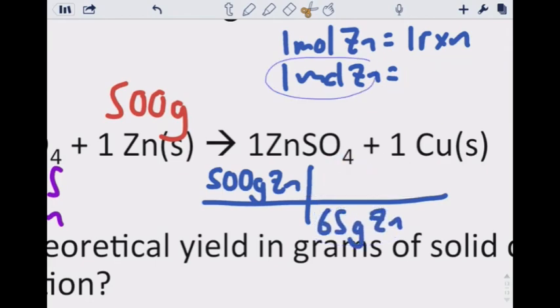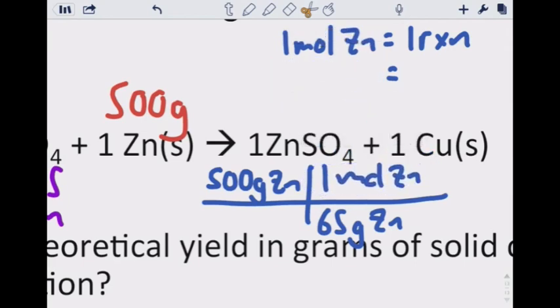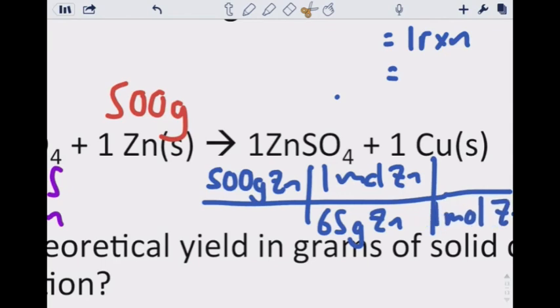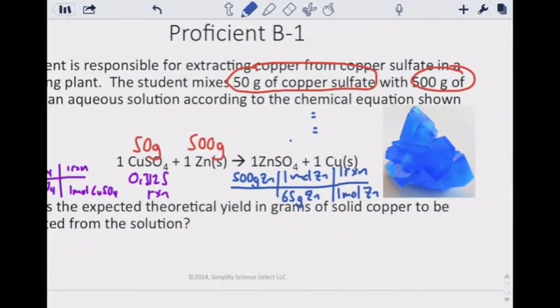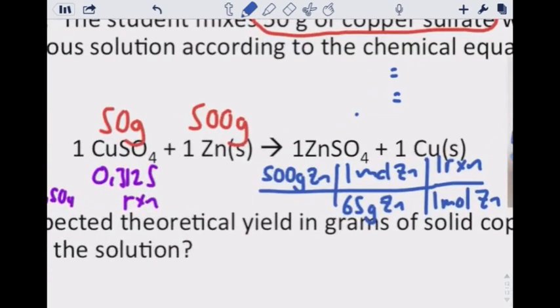We put our moles on the top. And then we keep going to figure out how many reactions it'll produce. And then 1 mole to cancel that unit out, and 1 reaction on top. And so we've converted, and we see that with zinc, 7.69 reactions can take place. 7.69 reactions. So what's the limiting reactant?